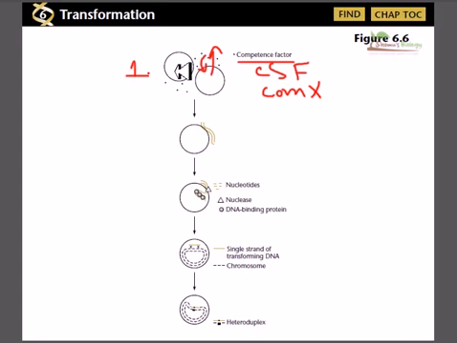Now why do they need to take up the DNA element? I will just tell it briefly. Sometimes the bacterial cell has a damaged portion of DNA, for example from UV radiation. Right after the UV radiation, a bacterium will have damage of thymine dimer formation.